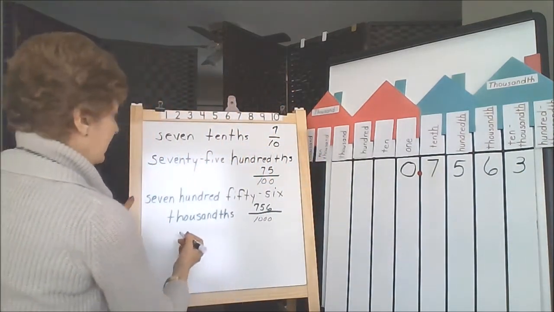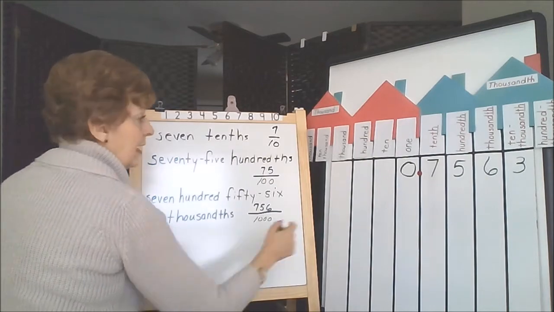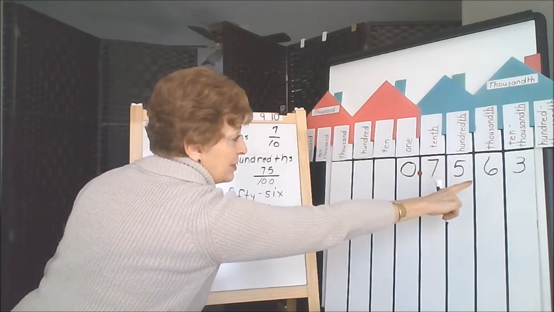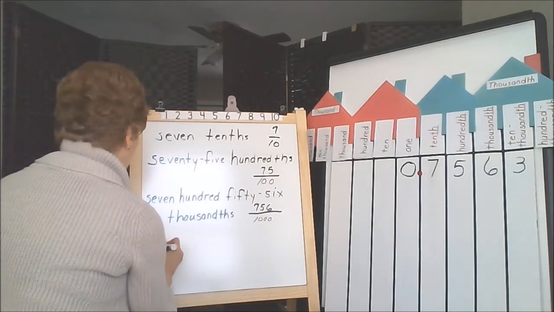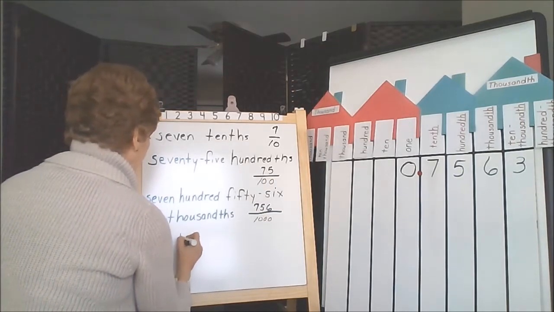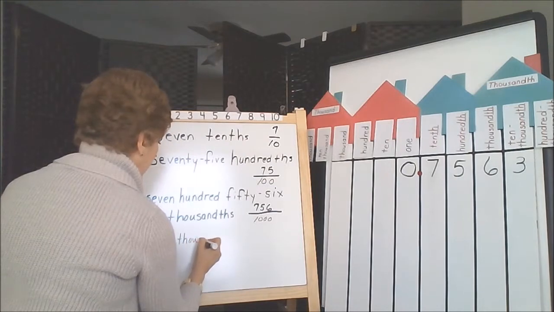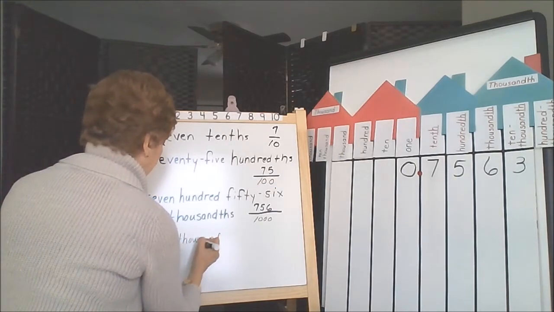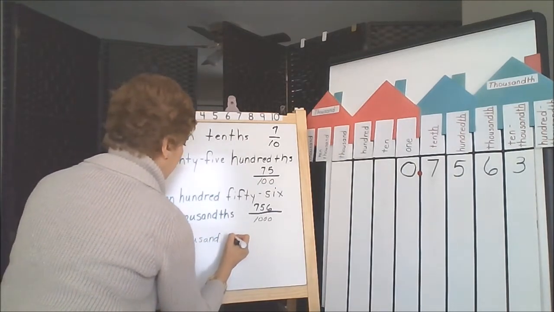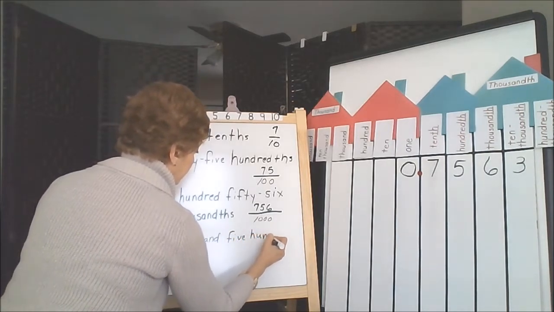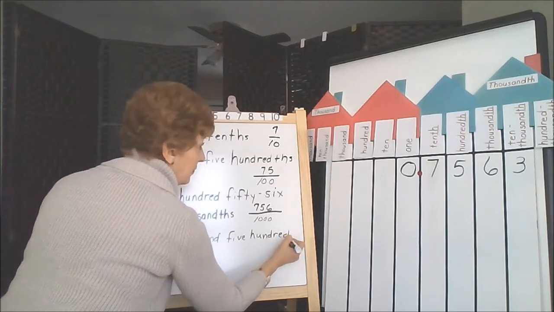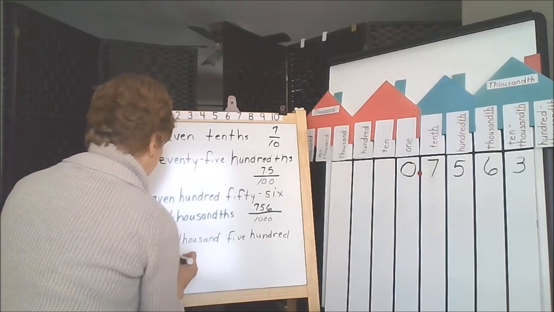Back to our board. Now we have 0.7563. 7,000, 500, 63.